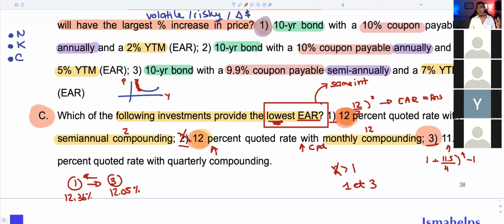In this case, when you compare number 1 to number 3, as you can see at the bottom of the screen, number 1 has an effective annual rate of 12.36%, whereas number 3 has an effective annual rate of 0.5%. So it's obvious that number 3 is smaller than number 1. And for that reason, number 3 is the investment that provides the lowest EAR.